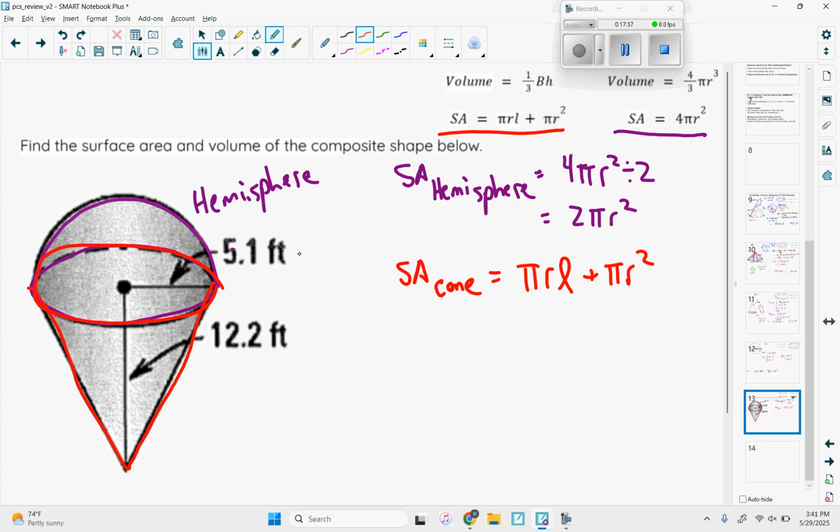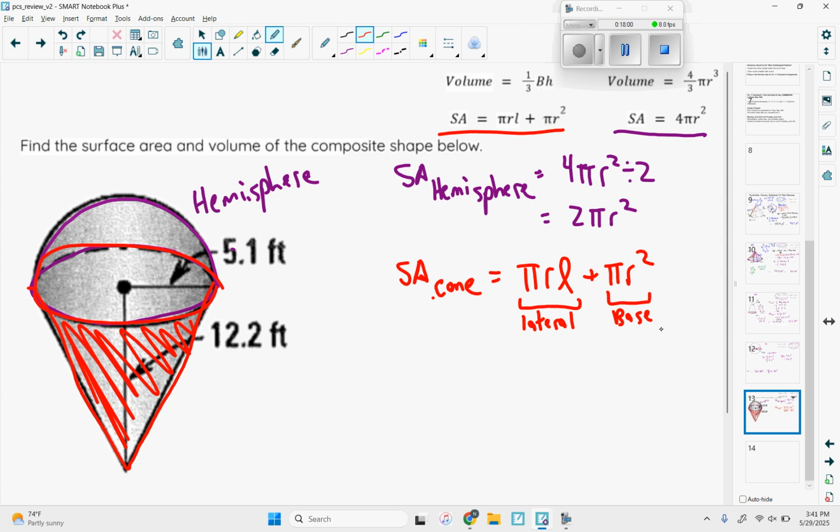When I look at this formula, this pi rl is the lateral area. So that is this part. And we need that part because that's the bottom part of our composite shape. And pi r squared is the base of our cone.